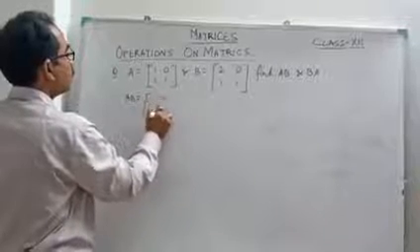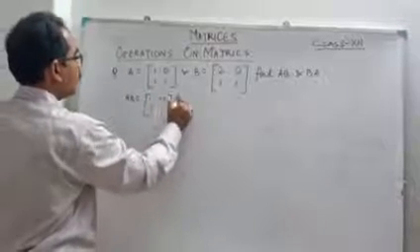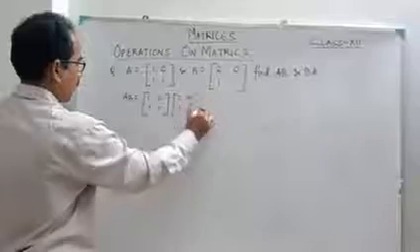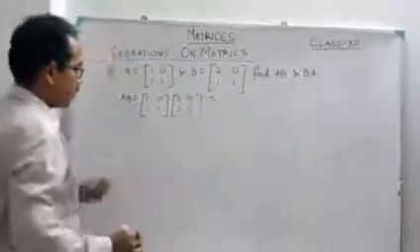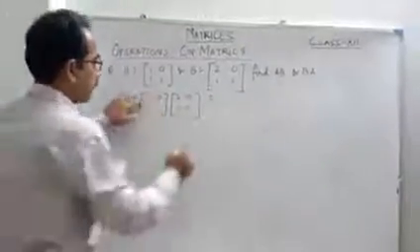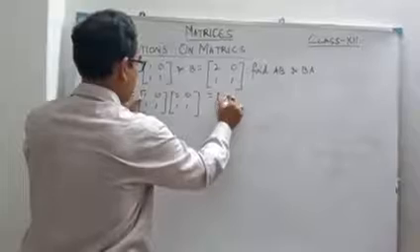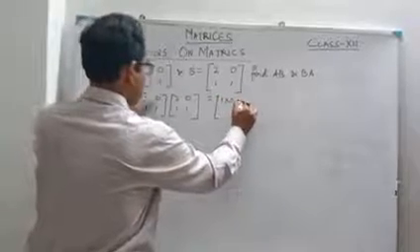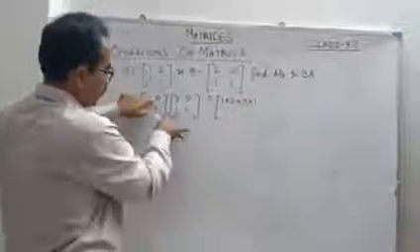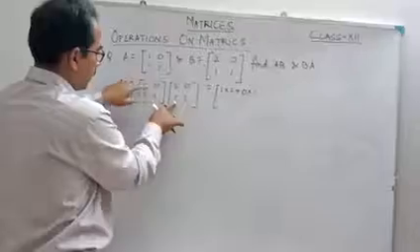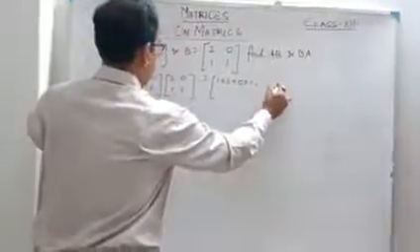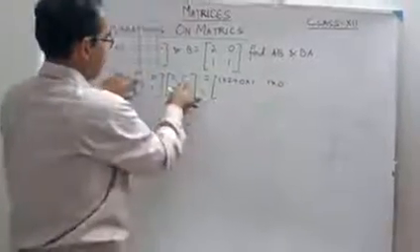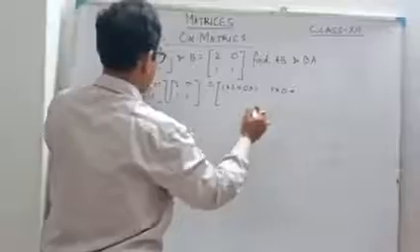[1 0; 1 1] times [2 0; 1 1]. Just now I have explained: first row, first column, that means 1 into 2 plus 0 into 1, correct students? Then 1 into 0 plus 0 into 1.